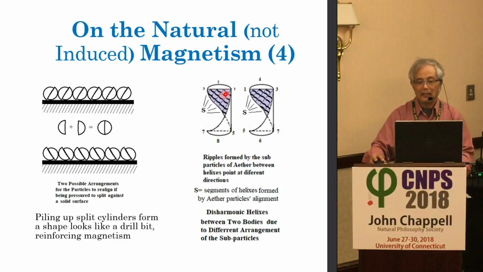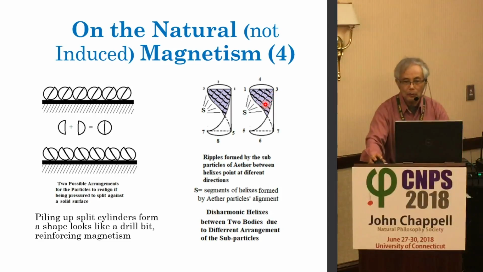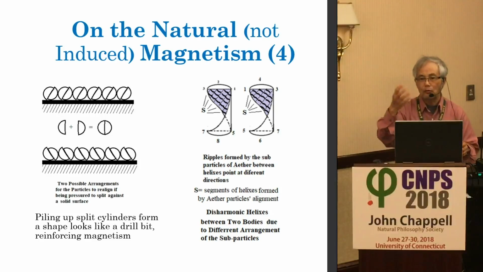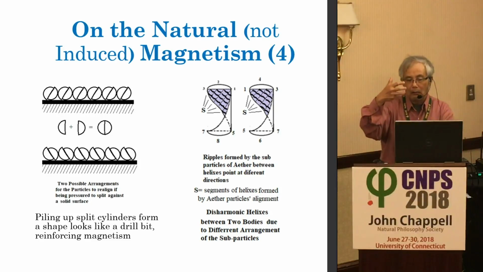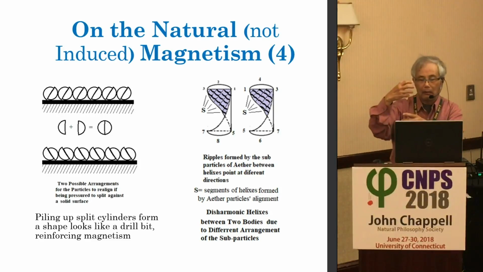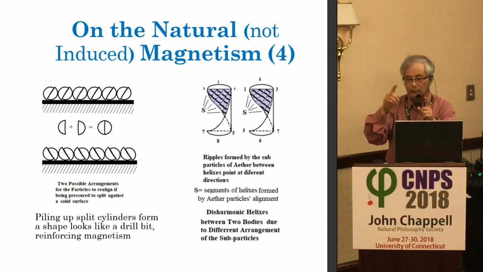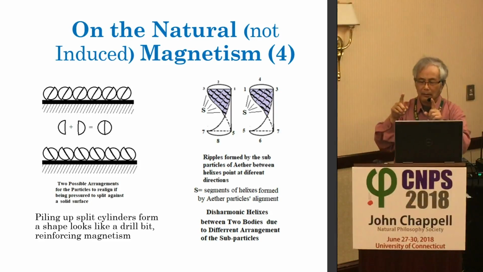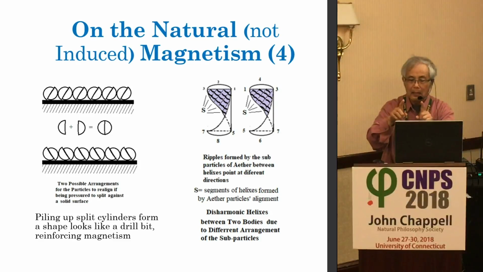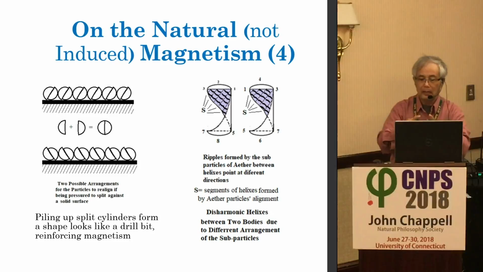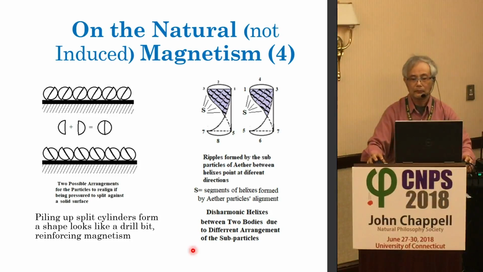But if the ether particle lines up this way or this way, it will make the screw thread. We mentioned earlier with the screw thread, you make the screw threads harmonic to each other or disharmonic to each other. If disharmonic to each other, they will repel each other.